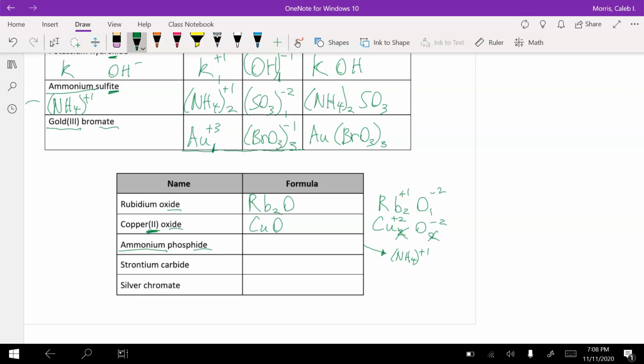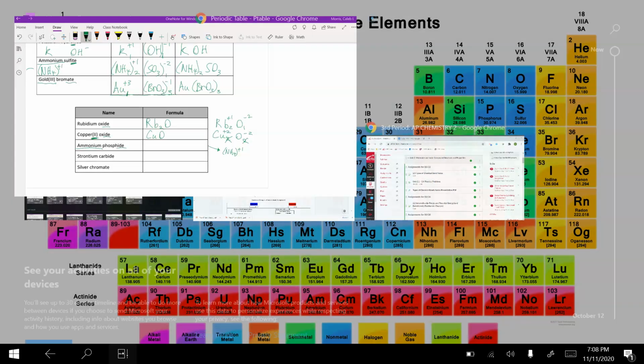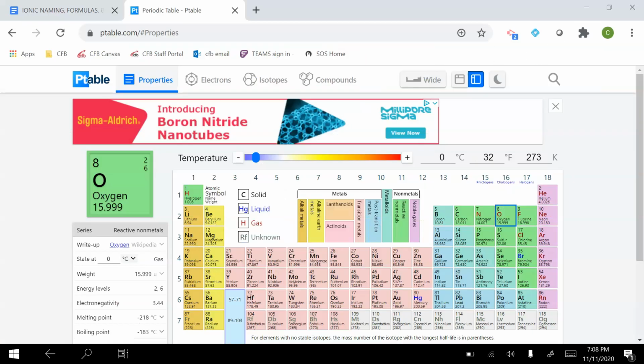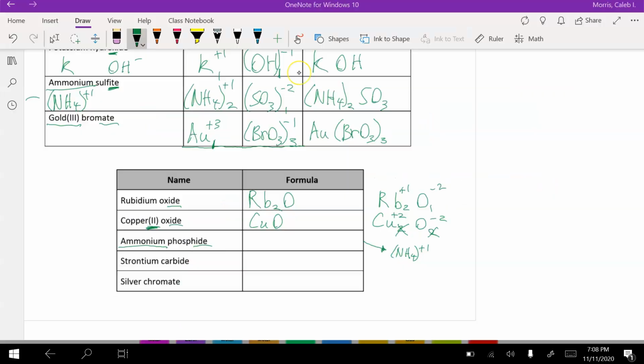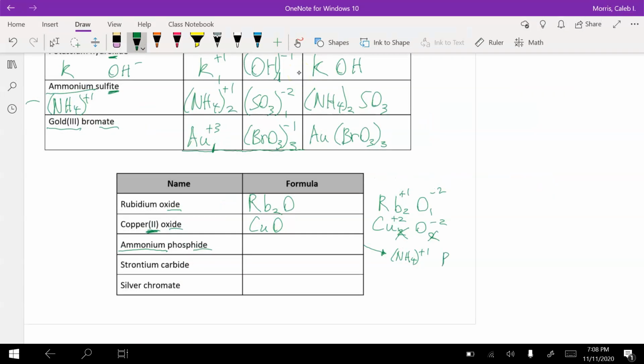What's the nonmetal that starts with phos? It'd be phosphorus. So let's find phosphorus. Phosphorus is P. And it's got a negative 1, negative 2, negative 3 charge. P with a negative 3 charge. Crisscross, I have a 3 down here, and I have a 1 down here. So (NH4)3P.